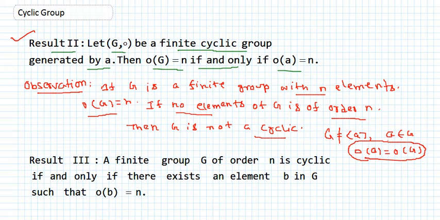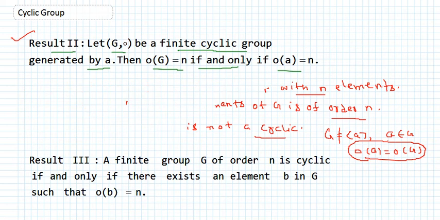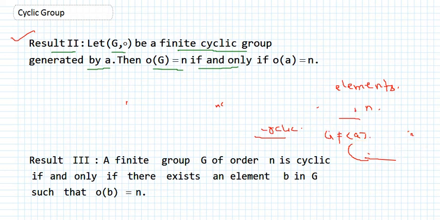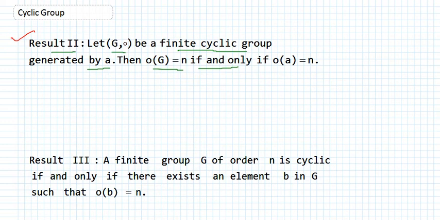I just want to say one more thing about these results. They are very important results in group theory. Remember these results, they may work for you in the future, not now but maybe in the future.